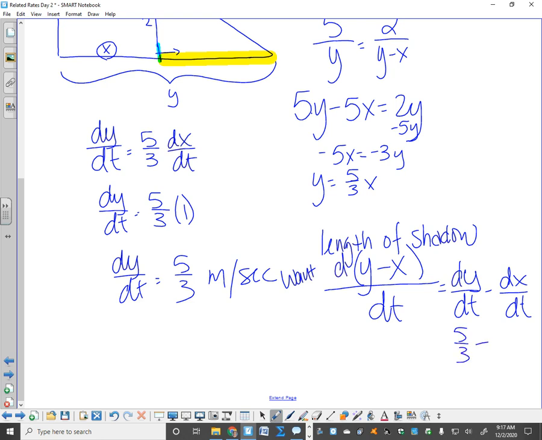And what was dx dt? dx dt was 1, which will be 3/3, so 2/3 meters per second. Make sure you understand why the length of the shadow is y minus x.